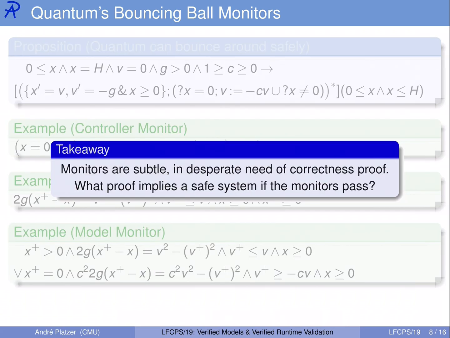But the point is, they're kind of subtle and in desperate need of correctness proofs, because we shouldn't just be conjecturing them, we should actually prove them correct, and maybe better yet, synthesize these controllers also correctly, which of course always begs the question: if a monitor fails, in a sense no harm done, because in the worst case it is a false alarm of safety, but if the monitor succeeds, then it had better have a proof that the real behavior of the real system must have been safe. The monitors can fail too often, but they really shouldn't be passing other than in safe cases.